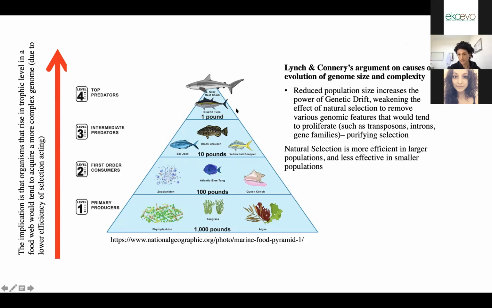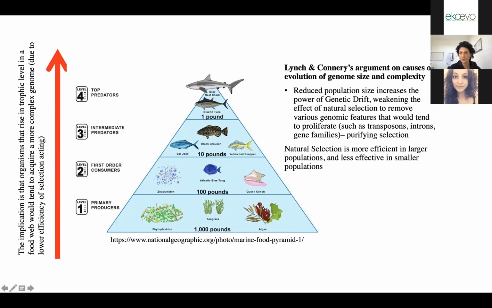Genome complexity increases. They had an argument about this. Yes, I'm repeating. When you go up in the trophic level, the body size increases, also genome size increases, but most of the genome consists of non-coding elements, meaning that it's not working.